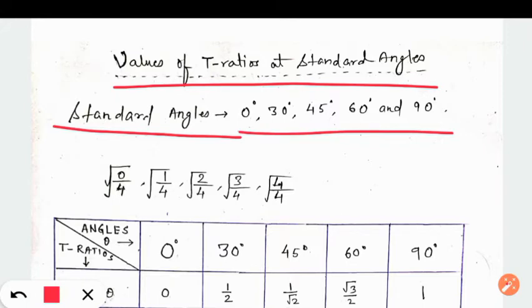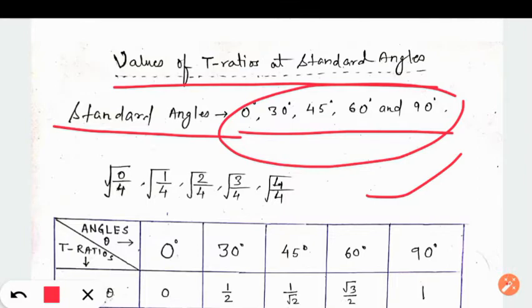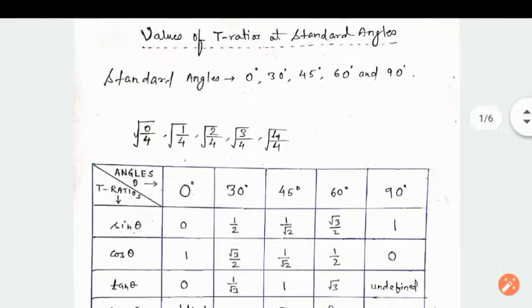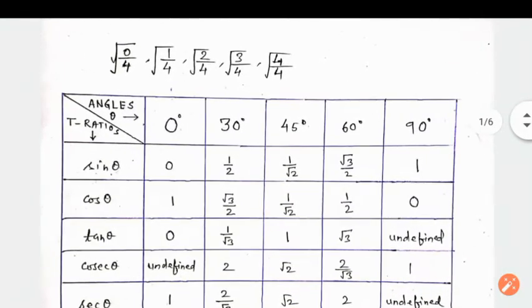Because at these angles we will get standard values of trigonometrical ratios, like sine 90 degree is 1, cos 60 degree is half, like that. That is why these angles are known as standard angles.